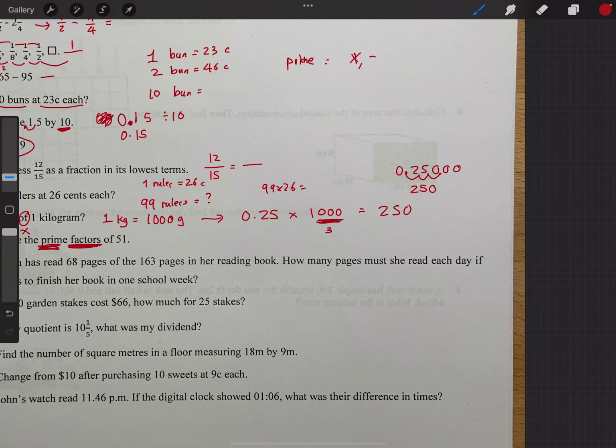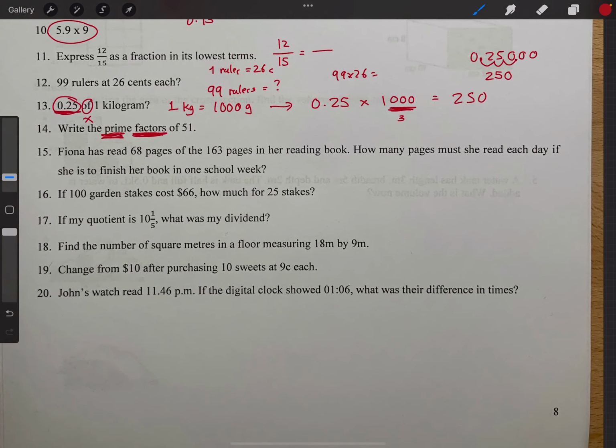It goes 2, 3, 5, 7, 11. These are prime numbers. 11 can only be divided by 1 and 11. 7 can only be divided by 1 and 7. 4 is not a prime number because 4 can be divided by 1 and 4, but also by 2 and 2. That's what prime numbers mean.